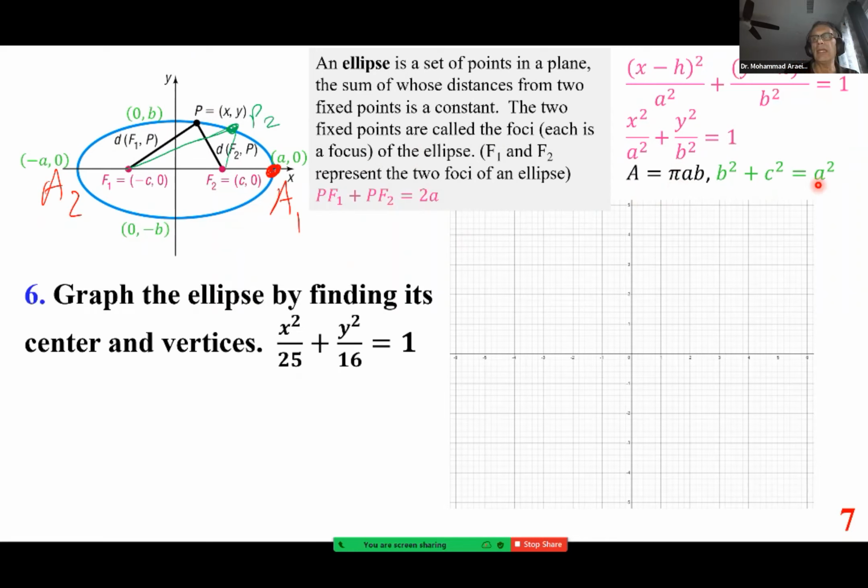And A, B, and C follow the Pythagorean theorem. The largest one is the hypotenuse.